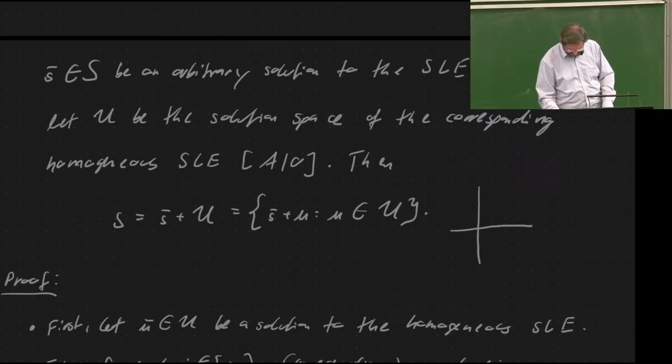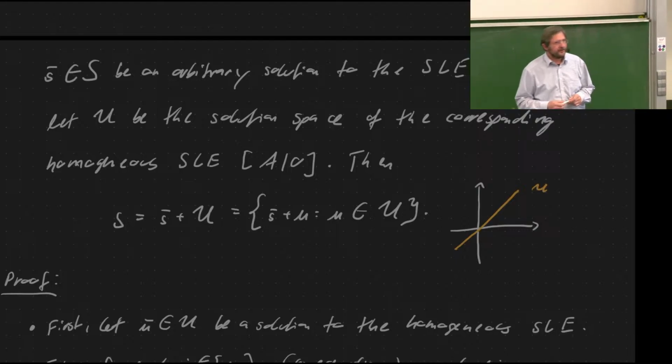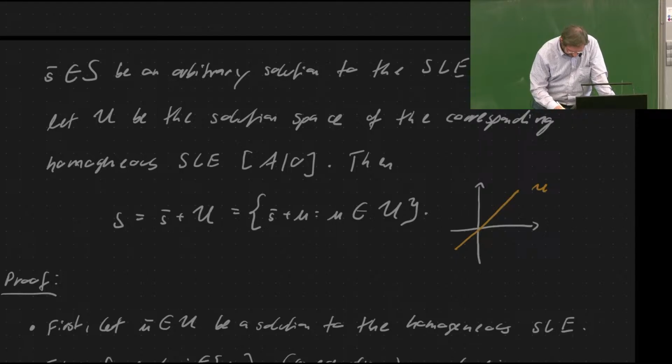What that means geometrically basically is you're starting with the subspace here. Let's say we have a line through the origin. Let's say this is how U looks like. Well, then what is S bar plus U? You're translating this whole set by a constant vector. Let's say this here is our S bar.